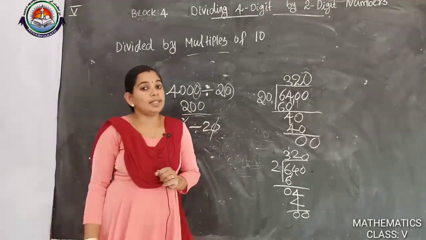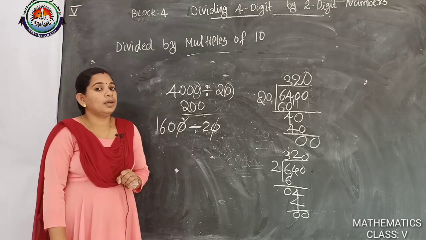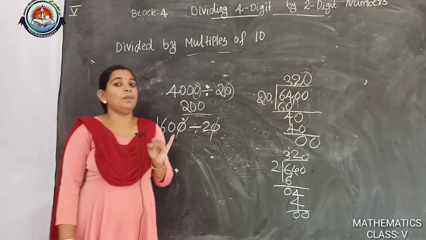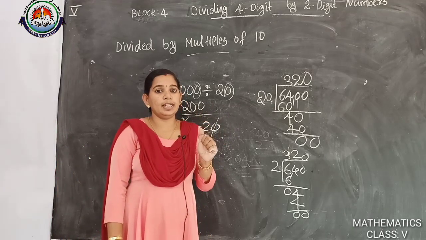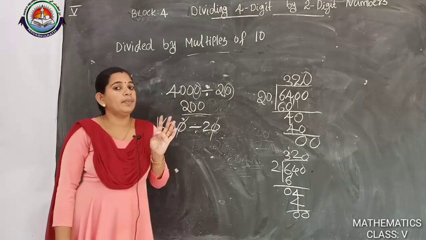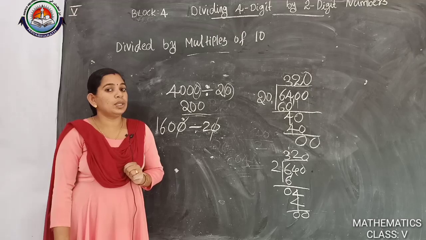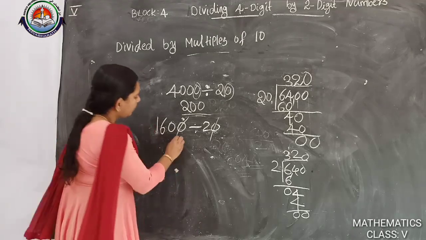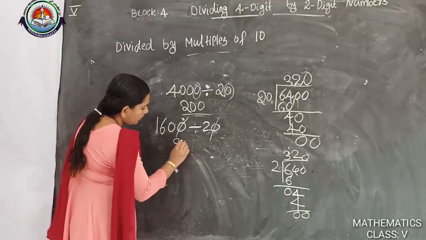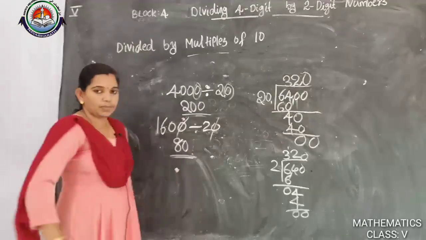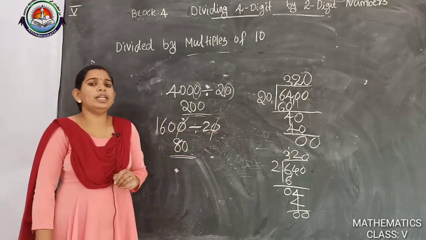Then 160 divided by 2. In 16, how many 2s are there? 2, 4, 6, 8, 10, 12, 14, 16. Yes, 8 twos. Then how many zeros do we put here? 1 zero only.